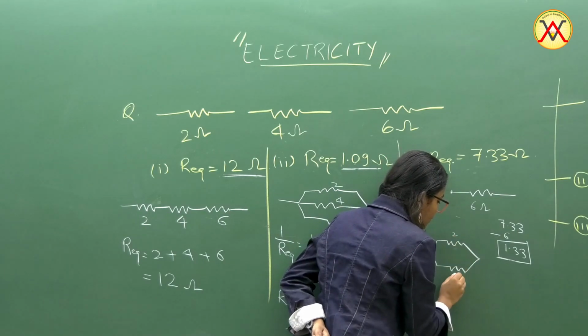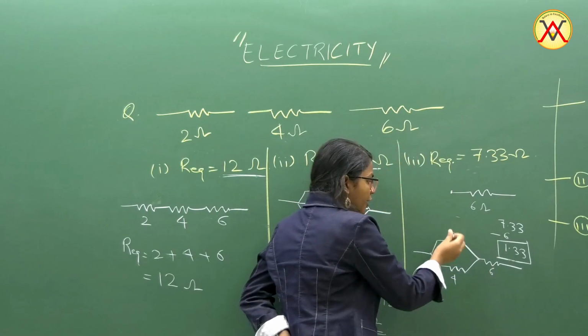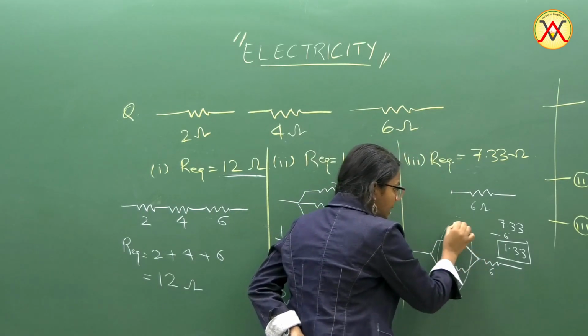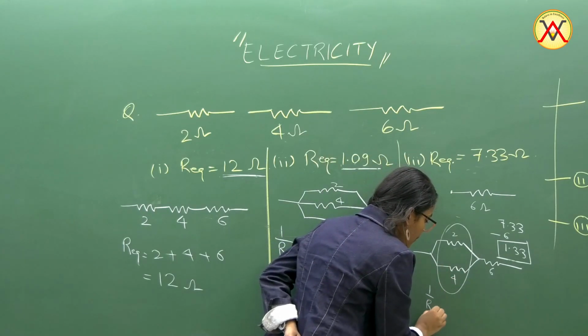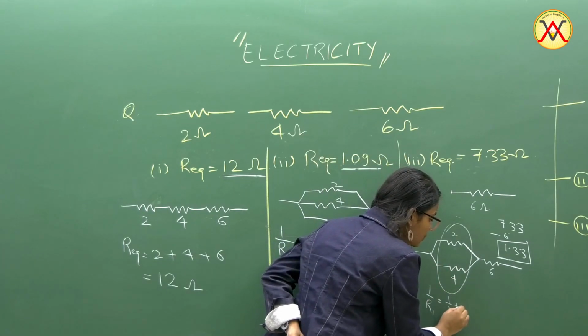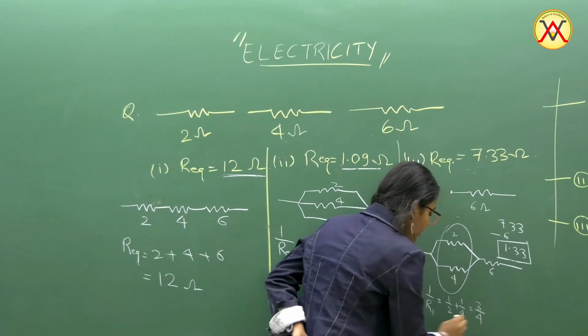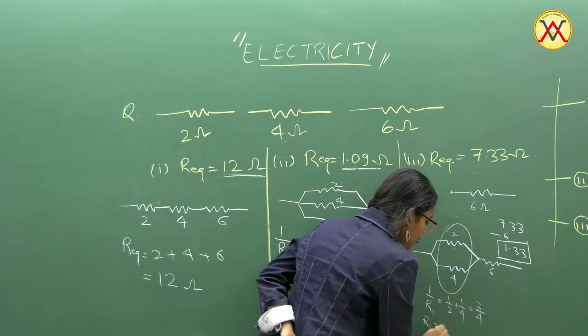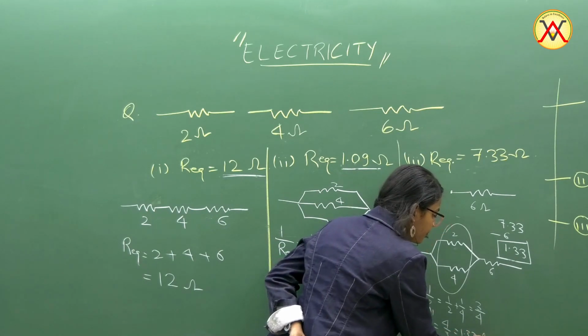This is 2, this is 4, this is 6. If we take the combination of these two, what will we have? 1 by R equals 1 by 2 plus 1 by 4, which is 3 by 4. That means R equals 4 by 3 or 1.33 ohm.